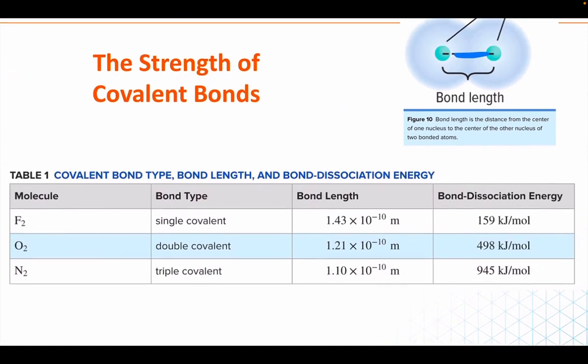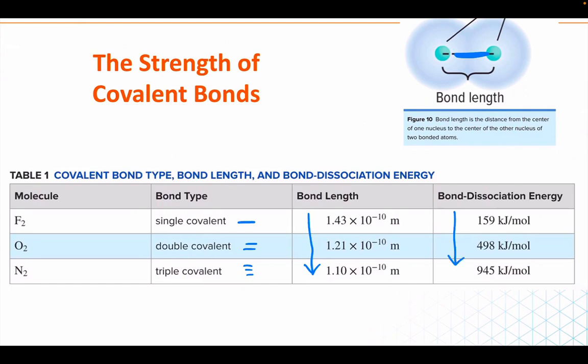If you look at this table here, as you're going from a single to a double to a triple, the bond length gets smaller. And the bond dissociation energy, which is the energy that would be required to break the bond, gets larger.